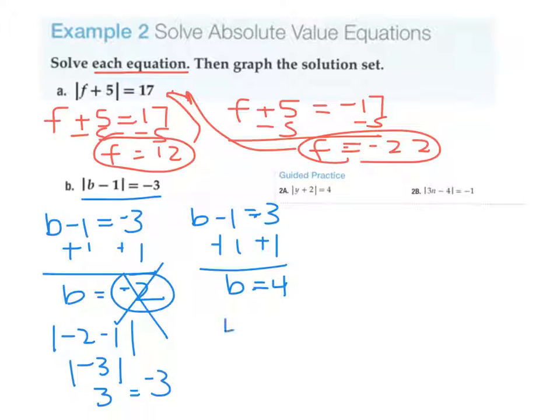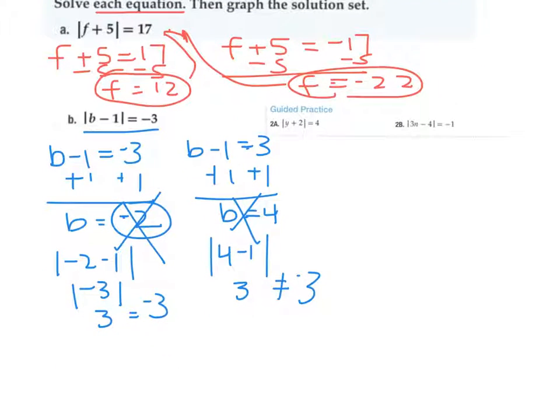So we put a 4 in, we get a 3, and it also doesn't work. So neither one of these are solutions to this problem. Basically, absolute values cannot become negative. So there's no answer or no solution for this particular problem. No solution.